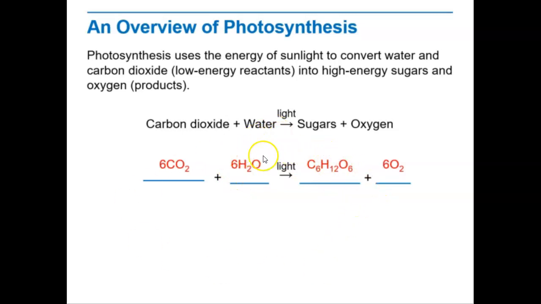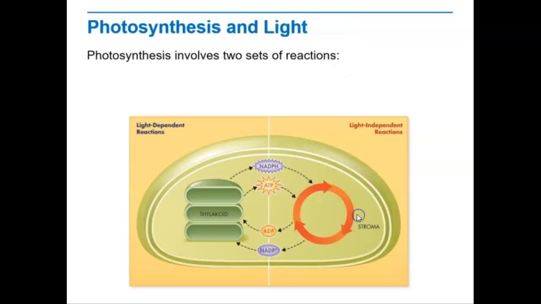Now, this entire process can only happen in the presence of light. So light is not a reactant, it is not a product, right? But the reaction only happens in the presence of light, which is why we indicate it above the arrow here. So photosynthesis has 2 major sets of reactions.